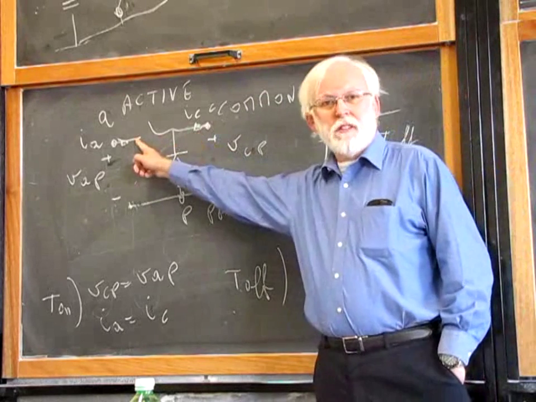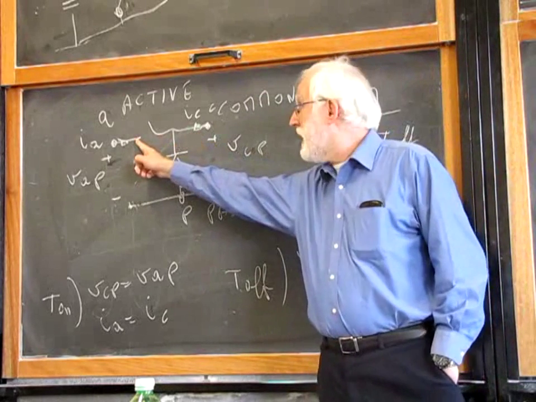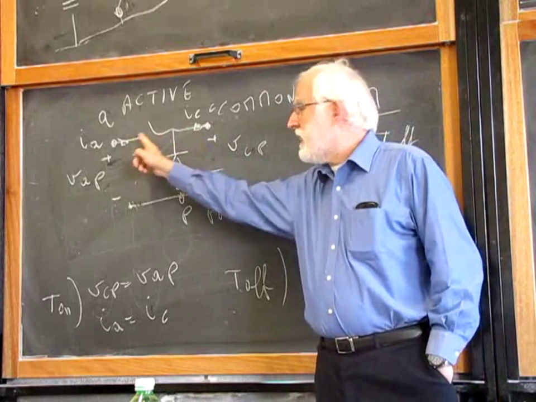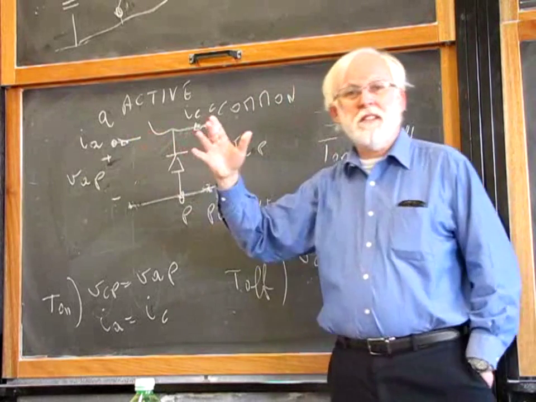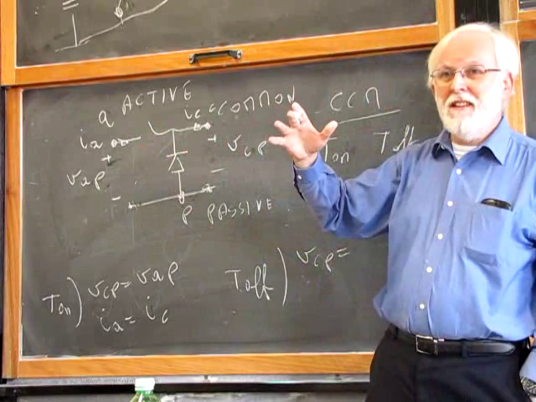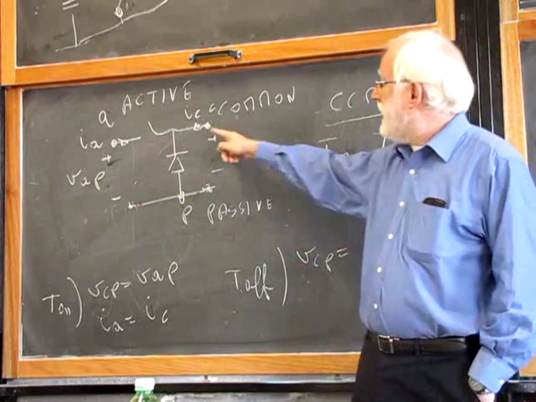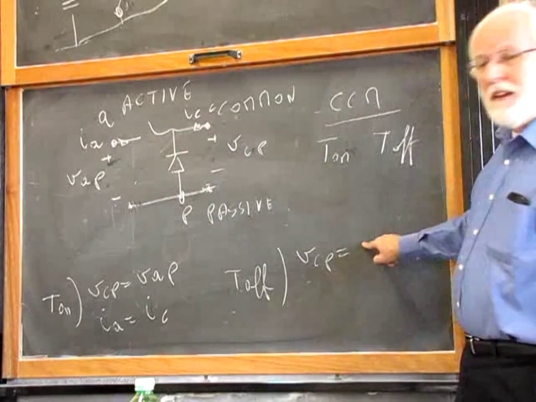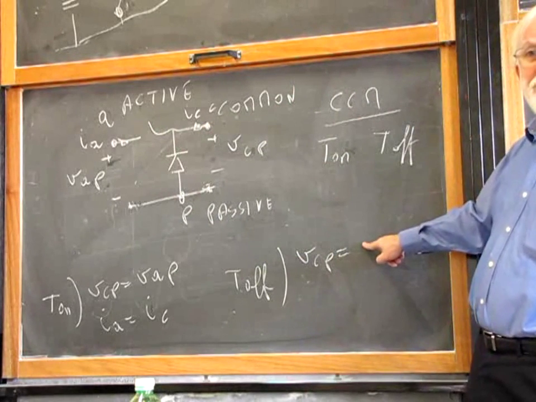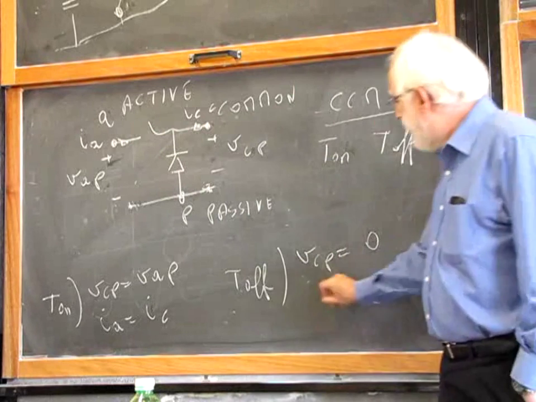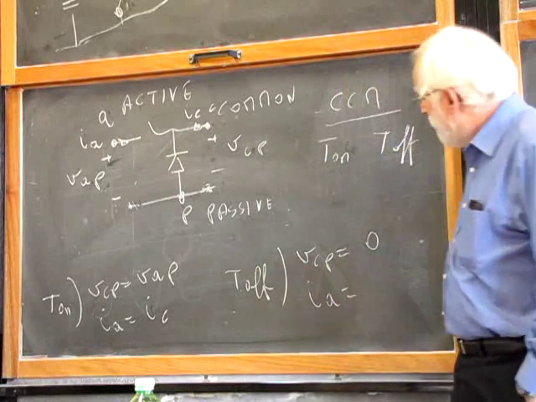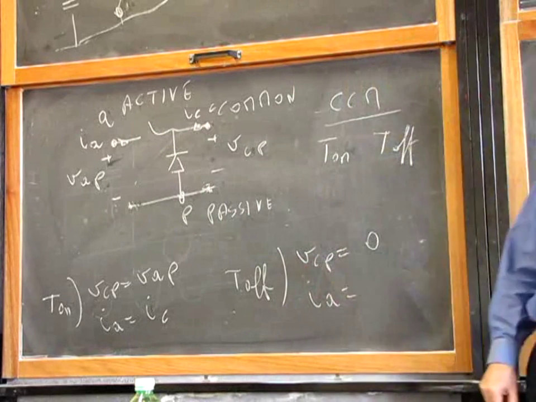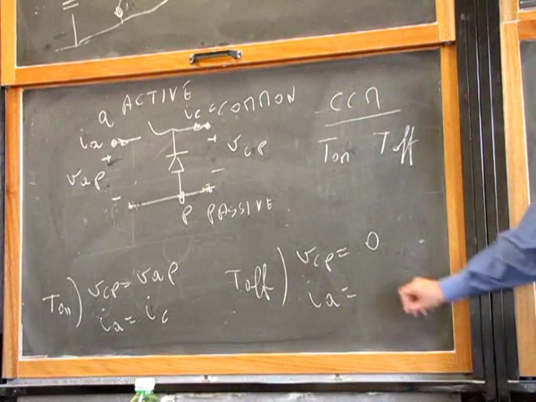An inductor cannot be connected to the active, because if you connect an inductor in series with a switch, when the switch opens, the inductor gets very mad. So the inductor can only be connected over here. VCP equals 0, and IA equals 0 when the switch is open.